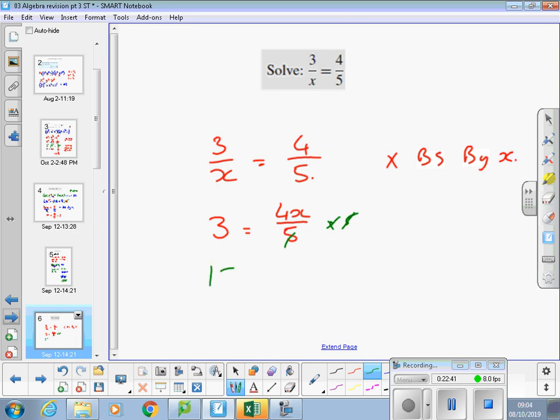So we have 3 times 5, 15, is equal to 4x.